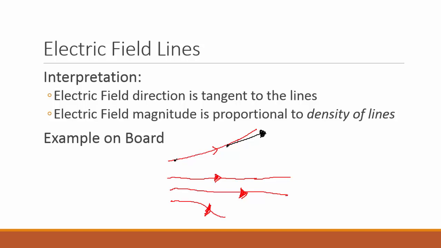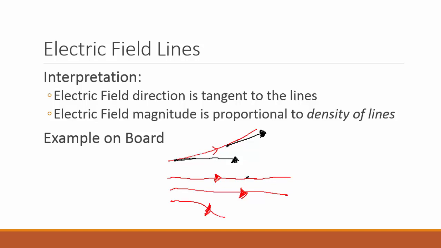Now tangent is slightly shallower, so more like that. And the lines are denser here than they are out here, so I should draw this as a longer arrow. Now it's hard to show exactly how long it is, but that would be a rough approximation.